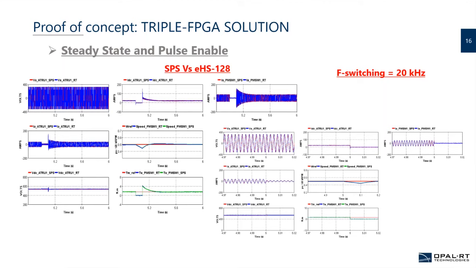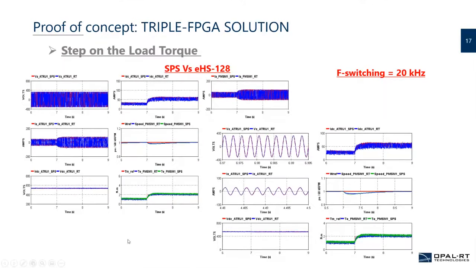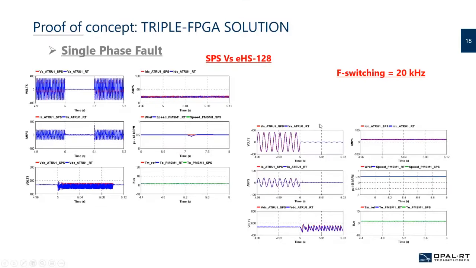During the dynamic tests, here we show a step on the torque, on the low torque. And during the fault series of tests, here we show one of the most complicated tests, a single phase fault really close to one of the decoupling elements. And we can see, compared to SPS offline, we always have a very good resolution.